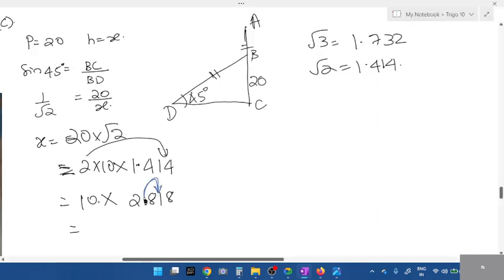For 10, 0 is given, so shift one decimal. What's the answer? 28.18. Sorry, 28.28. What's the answer? 28 point?